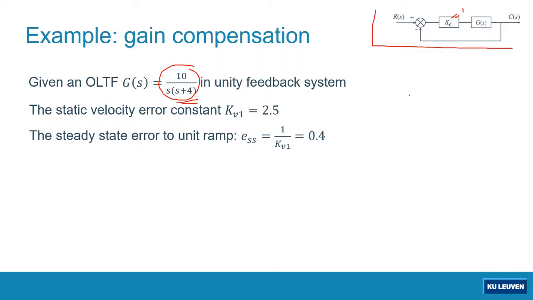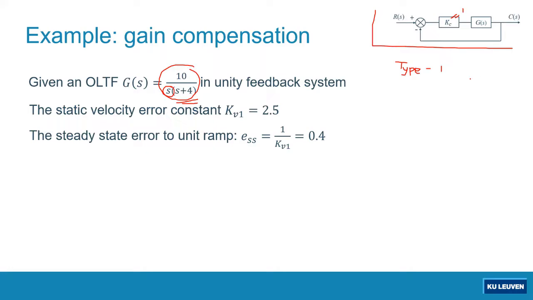This means in the open loop transfer function, I will only have one integrator, one single s in the denominator. What does it mean? This means I will have a type 1 system, right? This is a type 1 system.